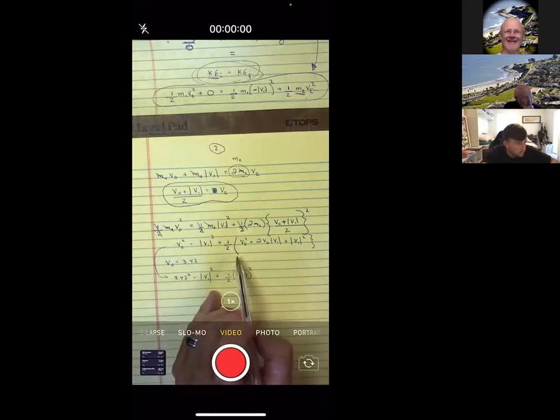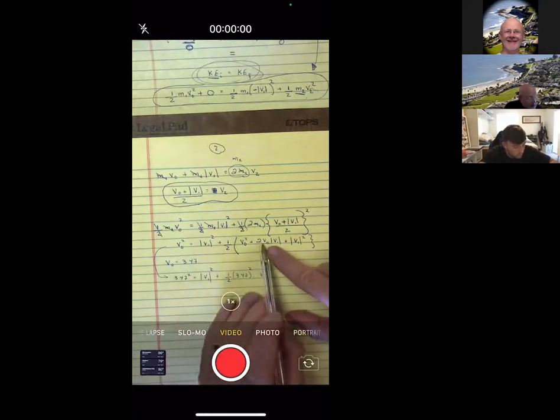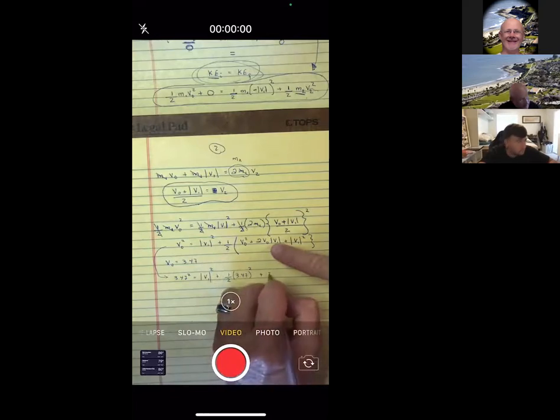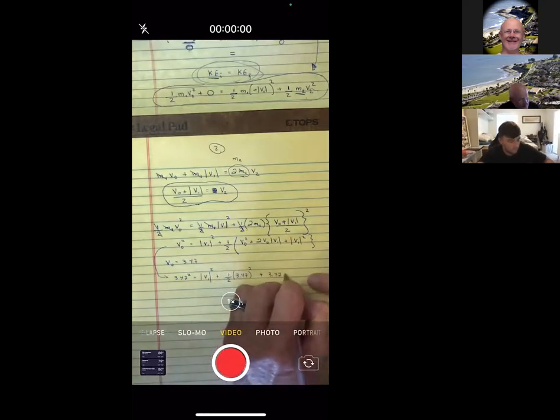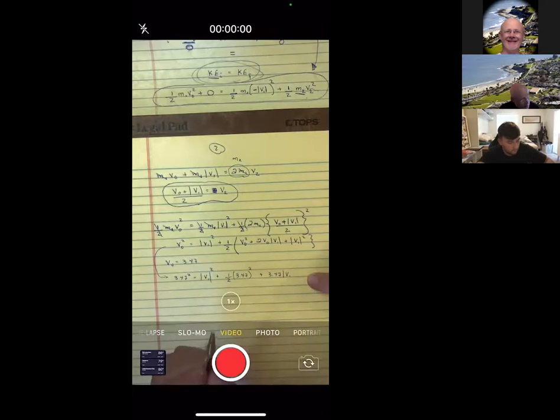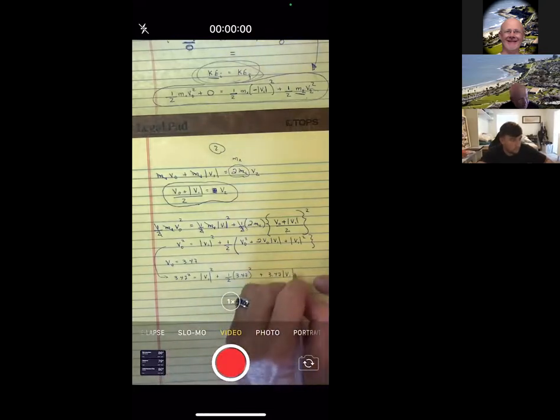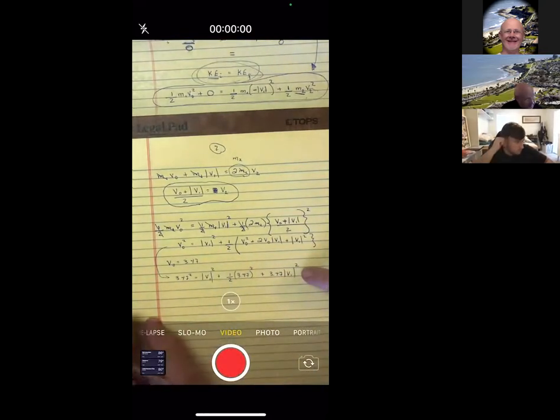I wonder if I should do some simplifying. Yeah, let's keep going. This right here, which 1/2 times this 2 would cancel off. So then I just have the 3.47 magnitude of V1 squared.